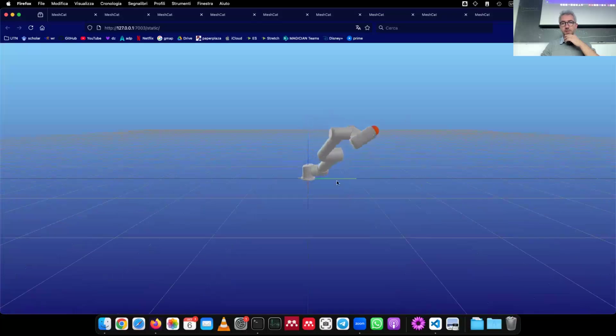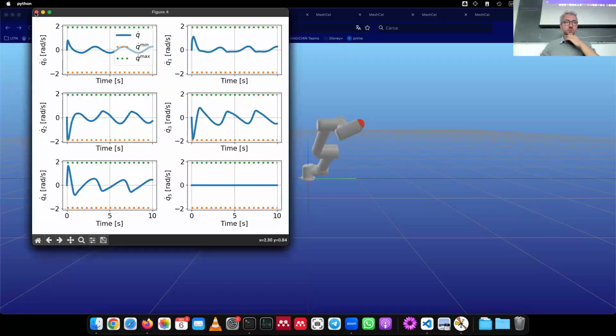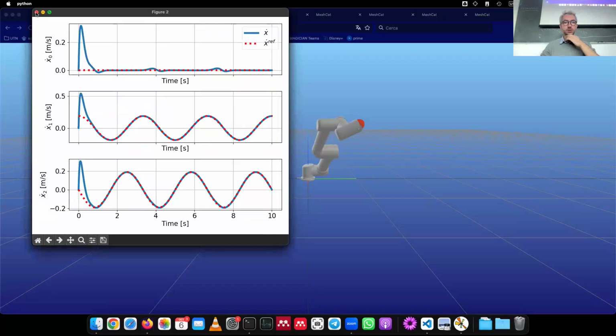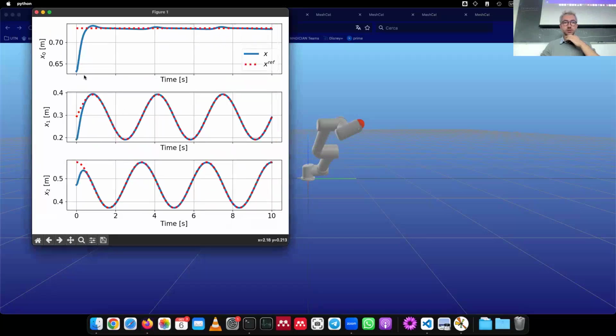See, now the motion is happening in this plane. This one was an easy trajectory for the robot to track. So we see that everything actually goes very smoothly.